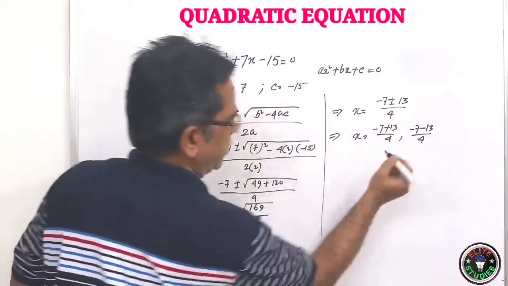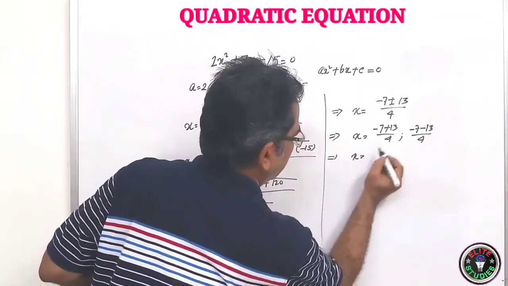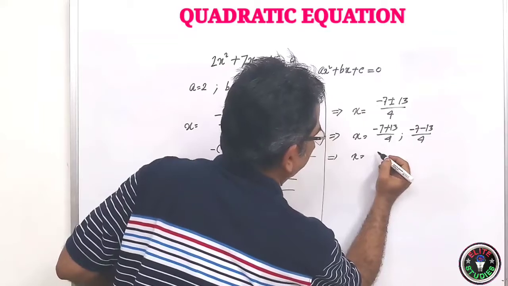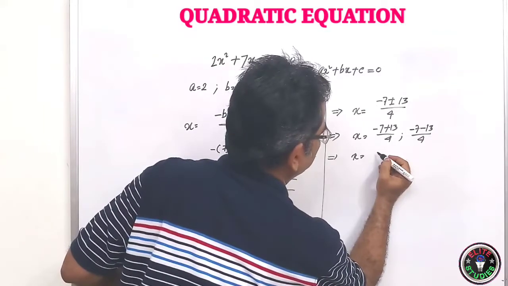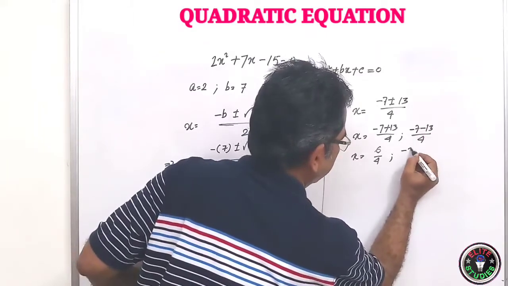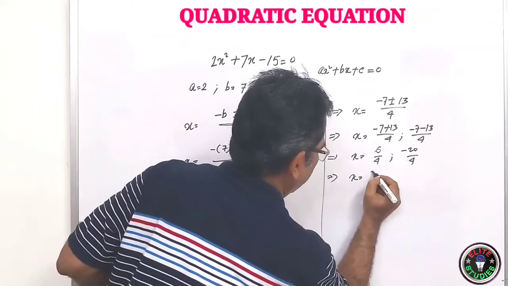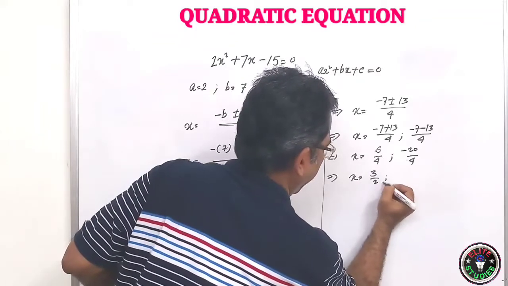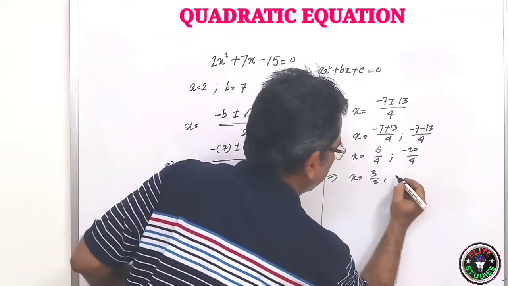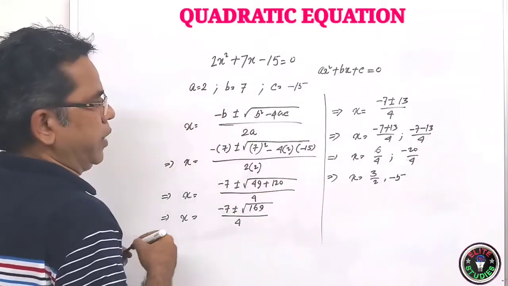You should just write like this. So it gives x is equal to 13 minus 7, which is 6 by 4, and here it is minus 20 by 4. So it gives x is equal to 3 by 2, and x is equal to minus 5. Actually we got this in the earlier methods also.